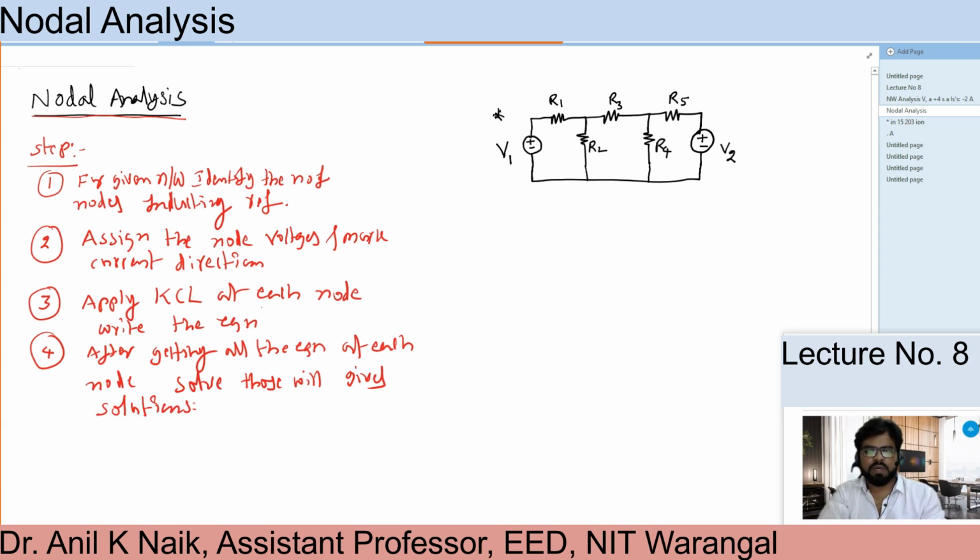So those are the four steps you need to follow to do nodal analysis.